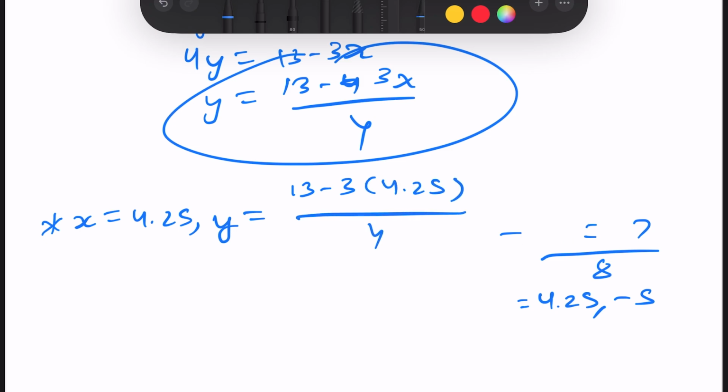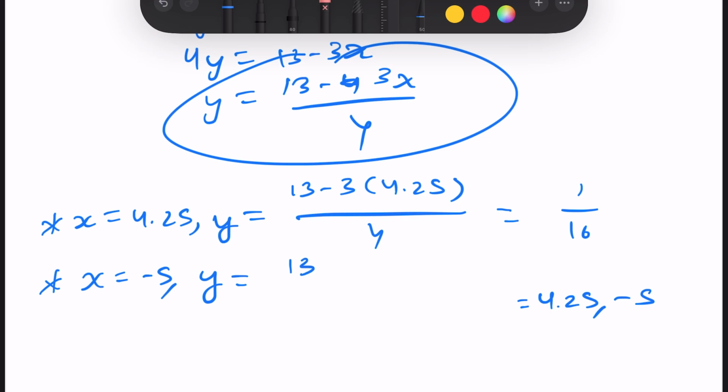Let me erase these. And this gets us a value of 1 by 16. Now when x is negative 5, y is equal to (13 minus 3 times negative 5) divided by 4, which is equal to 28 divided by 4, which is equal to 7.